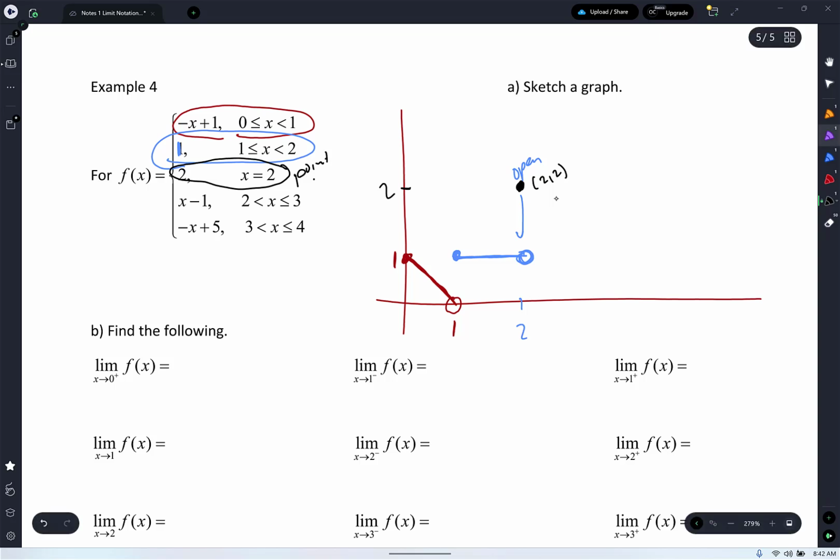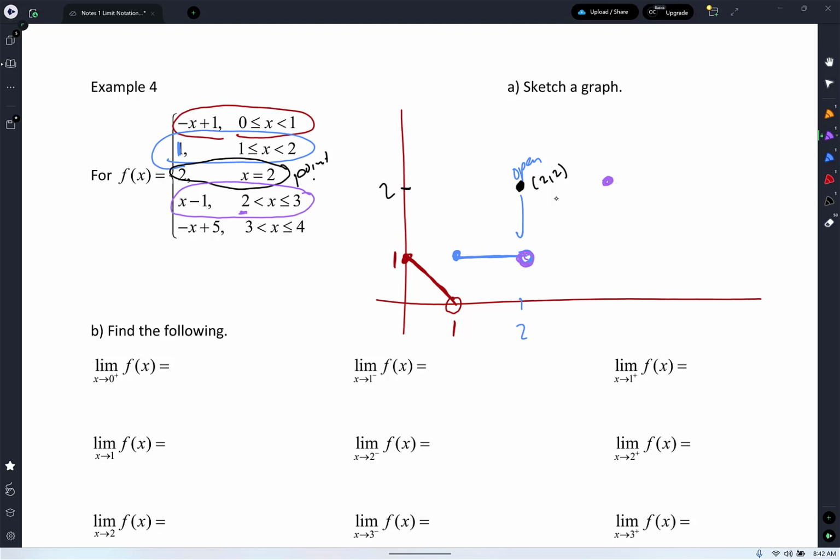I'm going to go to purple, and I'm going to graph this one. How do I graph this one? Relax. I'm going to go slow. I'm going to plug in 2 in there first with an open circle. 2 minus 1 is 1, so I'm back here. And my slope is 1, so I'm just going to go 1 up, 1 to the right.